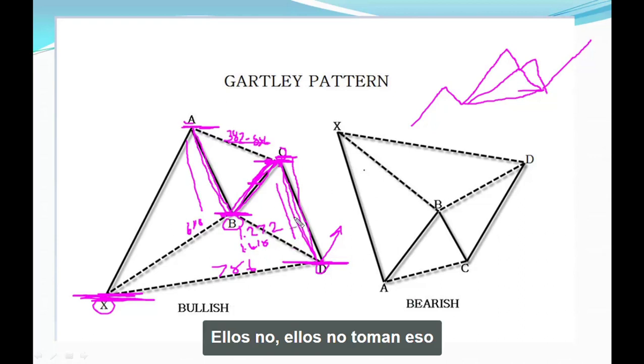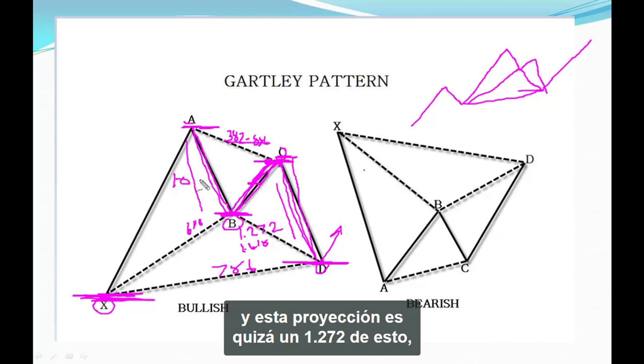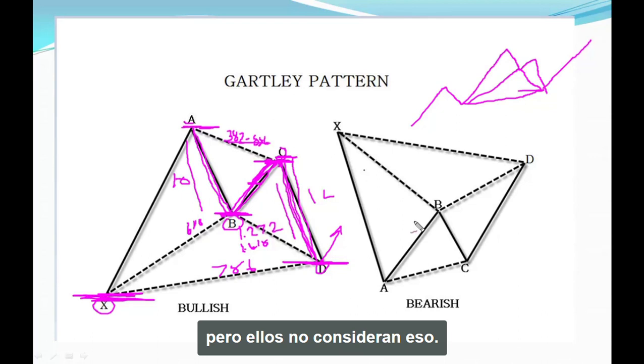They don't take that into consideration in the Gartley, where maybe this is 10 and this projection is maybe a 1272 of it, but they don't consider that. That would be a Gartley pattern.